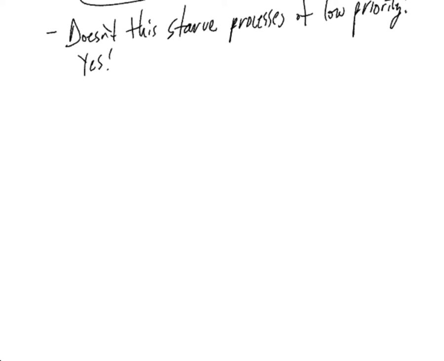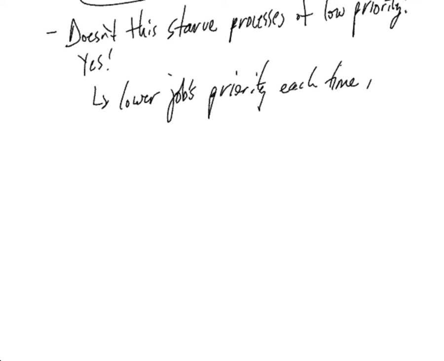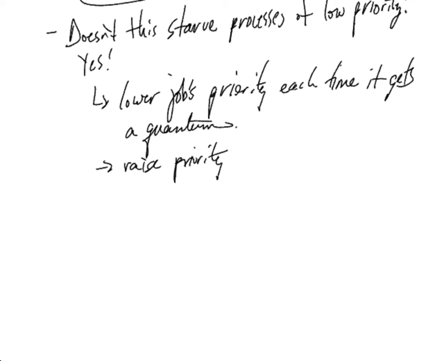And the way we do it is we can lower a job's priority each time it gets a quantum, or equivalently, we can raise a priority the longer a job waits to get a quantum. And so the priorities are actually going to be changing as we go.